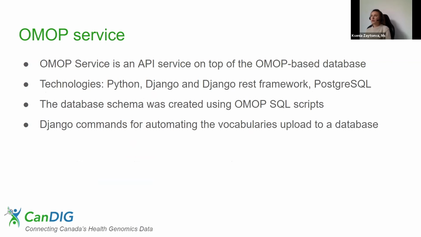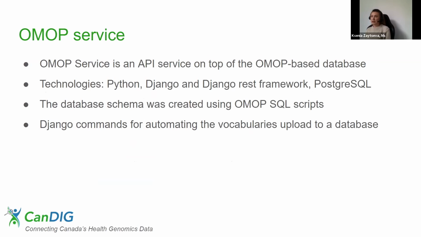And now I want to talk about the OMOP metadata service that Salomia and I were working on, and we've developed the first prototype and successfully loaded the synthetic data. So the OMOP service is an API service that works on top of the OMOP-based database.